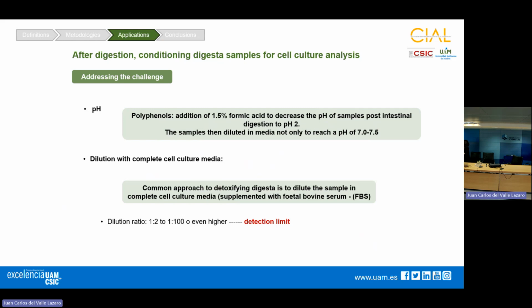So you can use that with your digesta samples to stop trypsin activity, but just keep in mind that if you dilute your samples a lot, you have to be careful when you want to detect, for example, with advanced techniques like HPLC, because you're going to dilute a lot and you could be below the detection limit of the equipment that you are using.